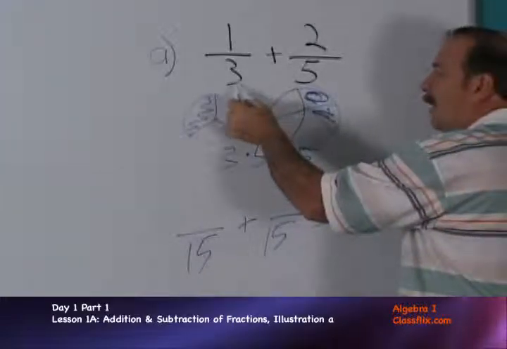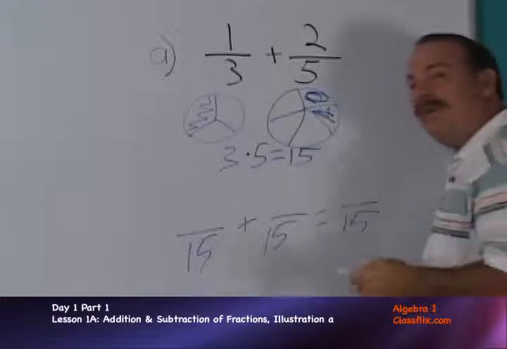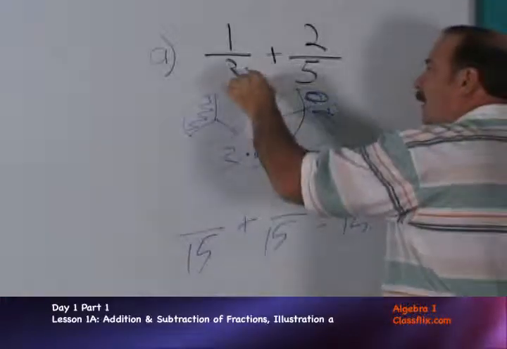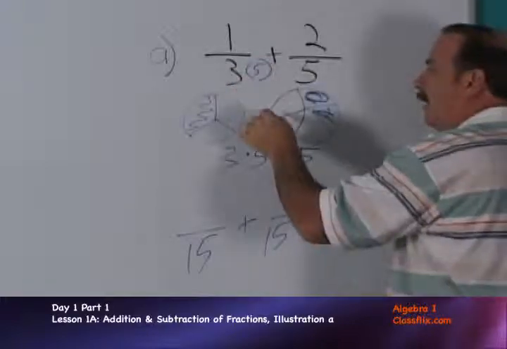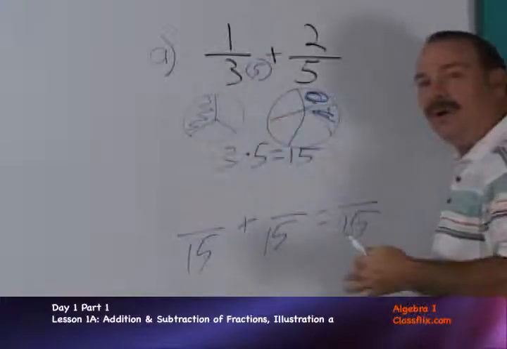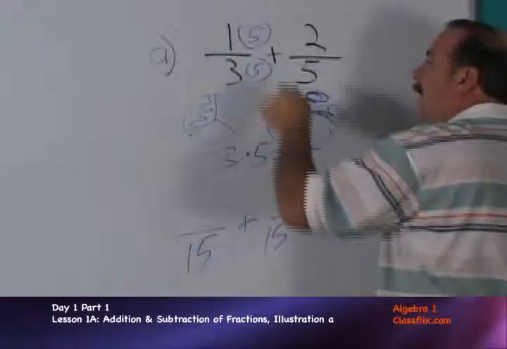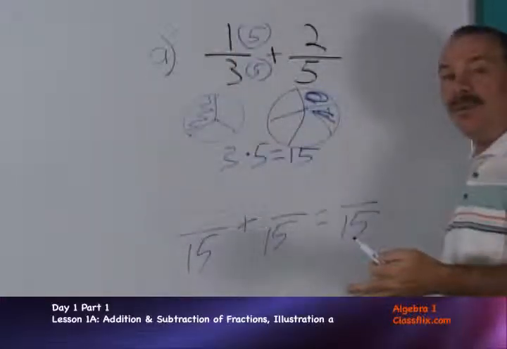What do I have to multiply this 3 by to turn it into a 15? Well, I multiplied it by 5, didn't I? So if I multiply this denominator by 5, the denominator-numerator same quantity rule says I must also multiply the numerator by 5. This is the process I'm going through.